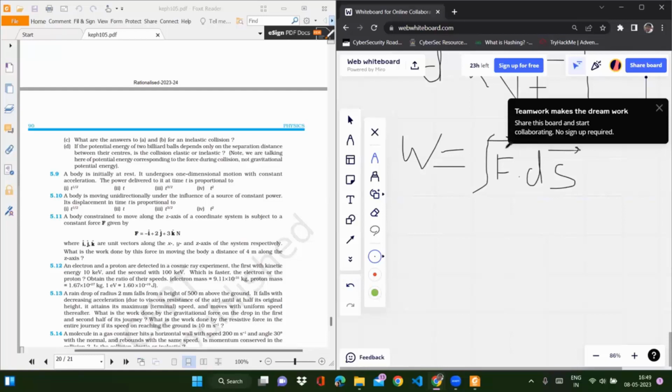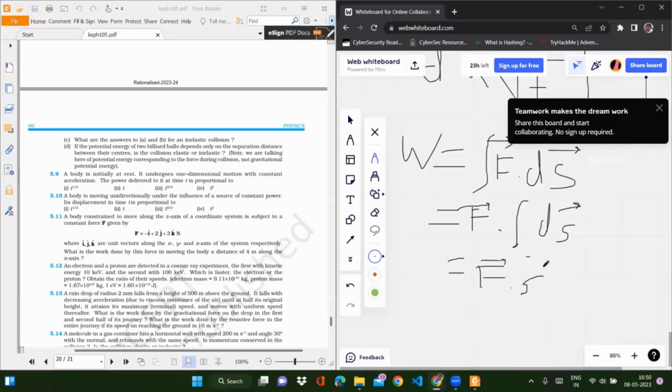We are given the force vector to be minus i plus 2j plus 3k. And as the force is constant, it is given, this is a constant force, so we can take it out from the integral and it will be F vector dot integral ds, means integral of the displacement, which will come out to be F dot s.